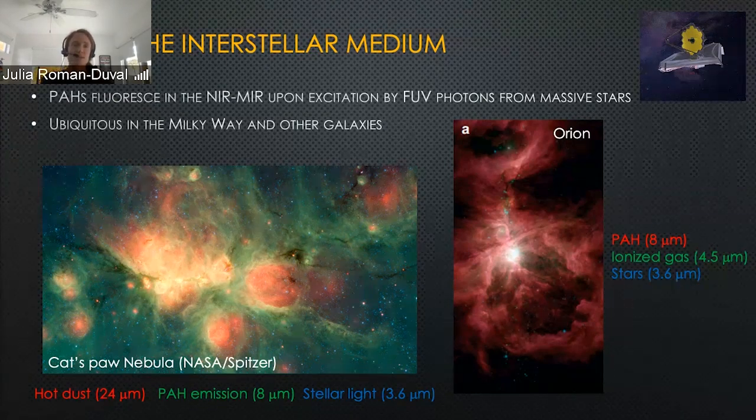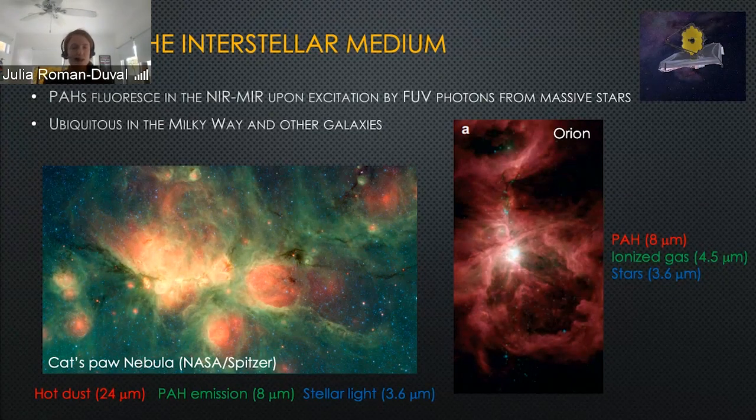And you can see this on two images of star-forming regions in the Milky Way. On the left is the Cassiopeia Nebula, and on the right is Orion. So on the left here, the PAH emission is observed with Spitzer at 8 microns and is shown in green. And on the right, also with Spitzer at 8 microns, the PAH emission is shown in red.